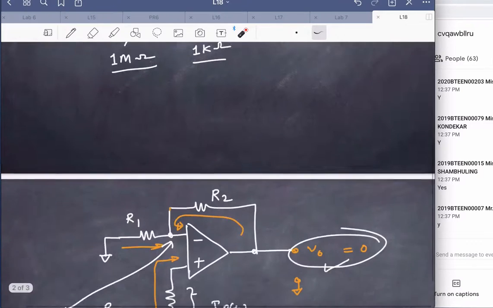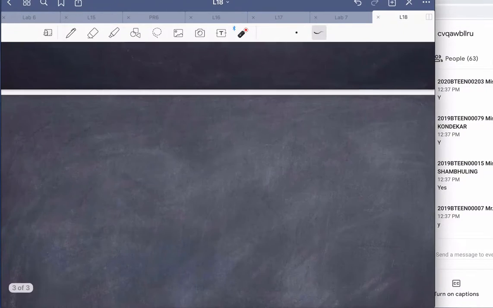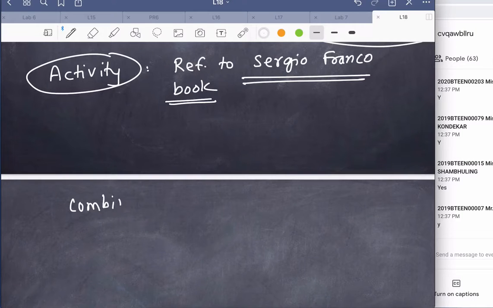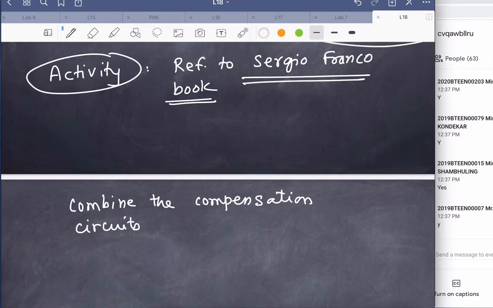They will be very similar, but you have to refer to the book of Sergio Franco and combine the compensation circuits of VOS or VIO and IB and go through some solved examples.